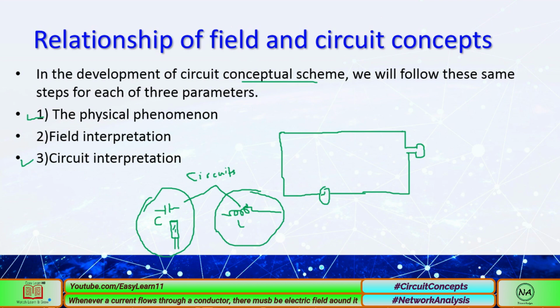We are not saying the strategies change; the method is the same, but the technique and the route or course is sometimes changed. So in the next episode we will first discuss the physical phenomena of capacitive circuits, meaning the capacitive parameters, then the field interpretation of capacitive circuits, then the circuit interpretation of capacitive circuits.